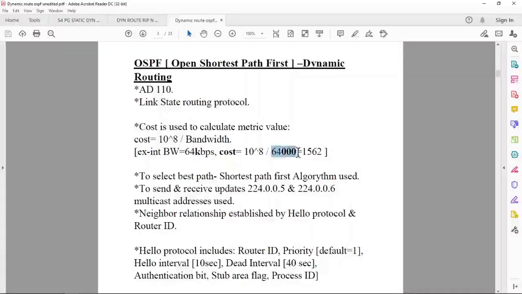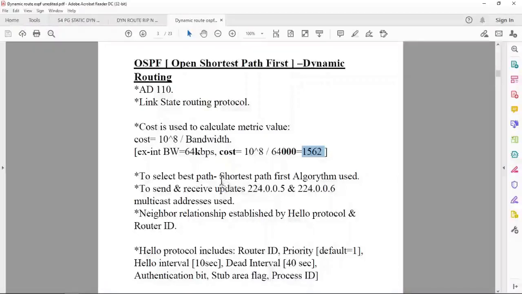Okay. Why these 3 zeros? Because kilo means 10 to the power 3. So by doing this, you can find the cost as 1562. Okay. And to select the best path, the shortest path first algorithm is used.